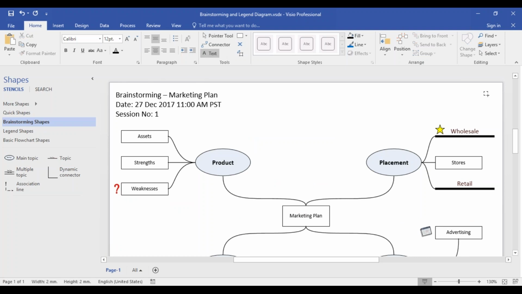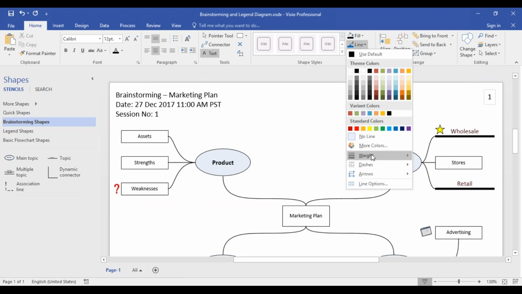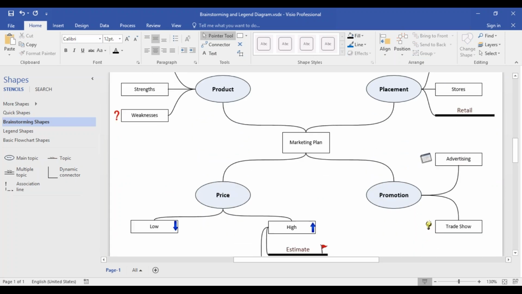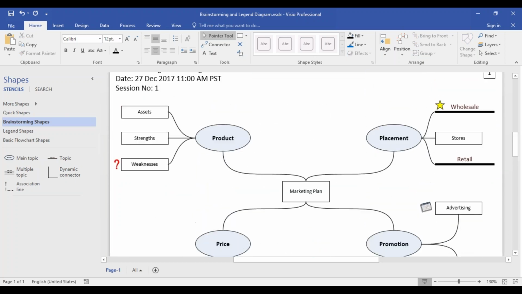And then add a text box. Save your diagram. So session 1 brainstorming, this is what you have done. This is what you have discussed.